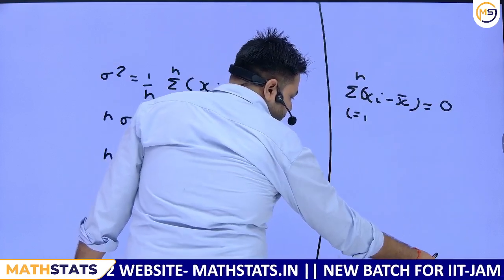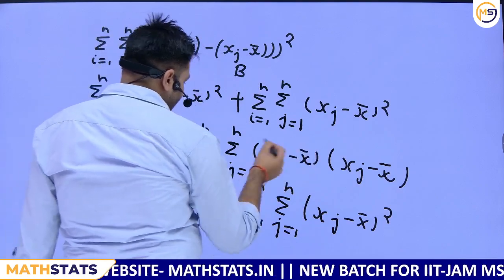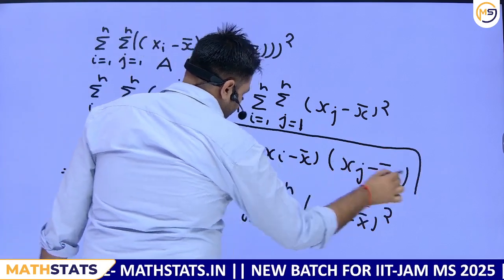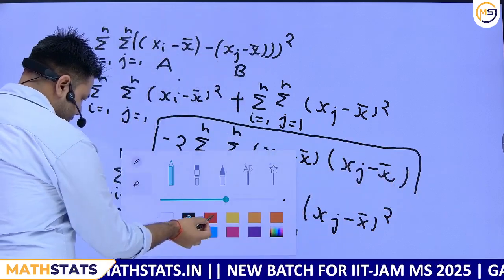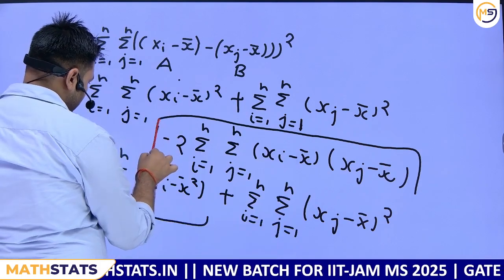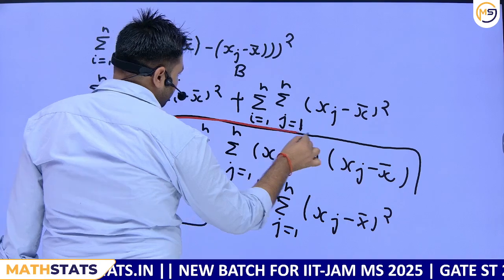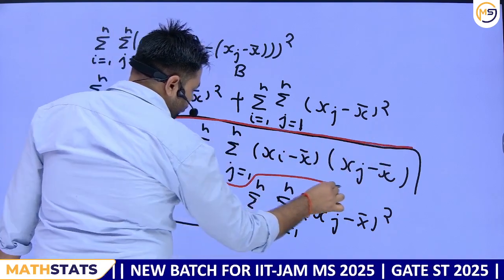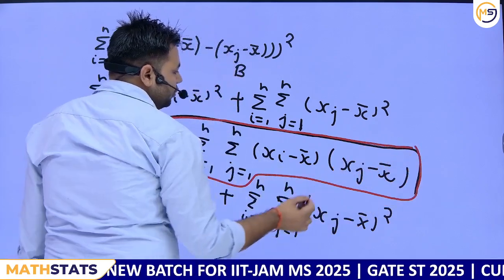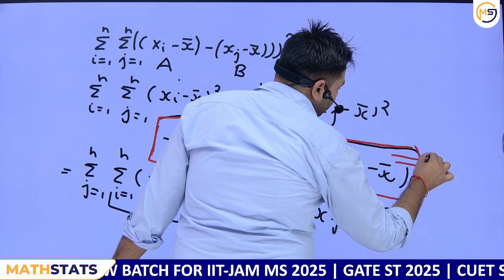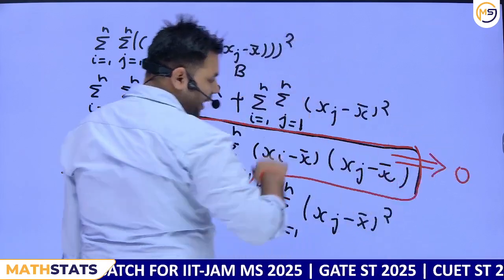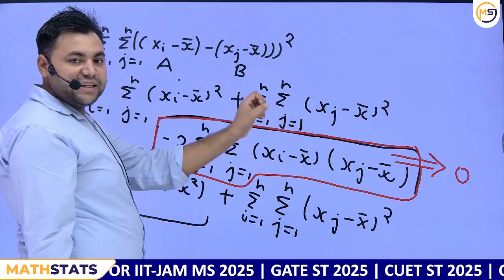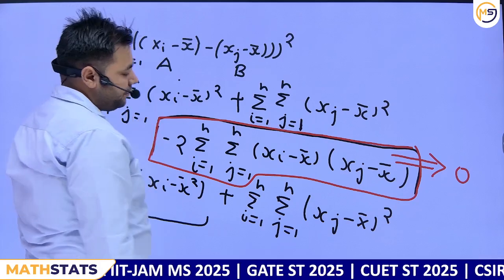So this whole quantity goes to 0. This is important: the algebraic sum of deviation from mean is 0.